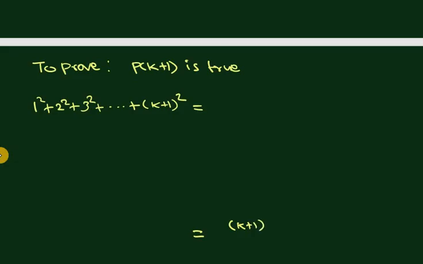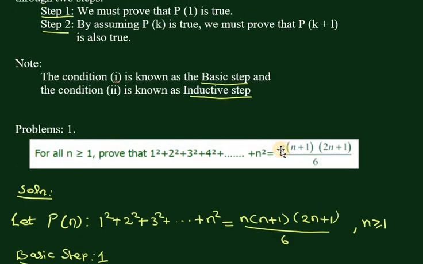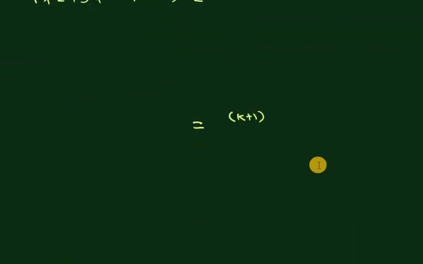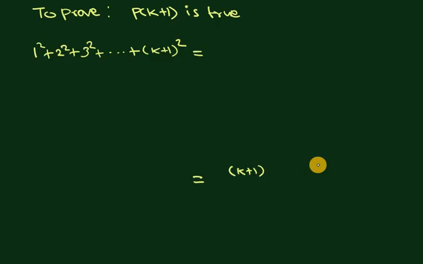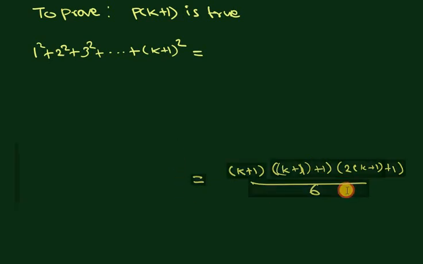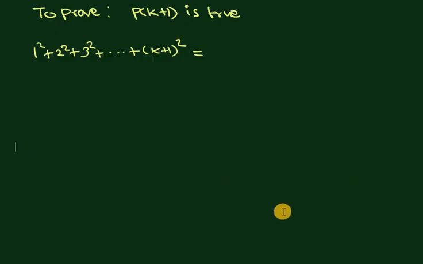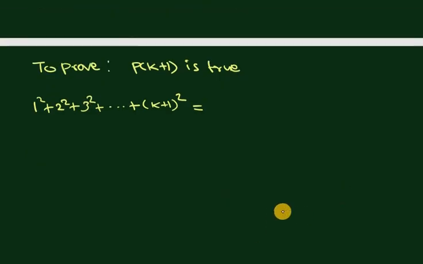In our problem it is given as n into n plus 1 into 2n plus 1 divided by 6. So in that form, writing k plus 1 means we get k plus 1 into k plus 1 plus 1 into 2 into k plus 1 plus 1 whole divided by 6. If I prove that, the problem is over. Now I am checking whether it is possible to prove this or not.